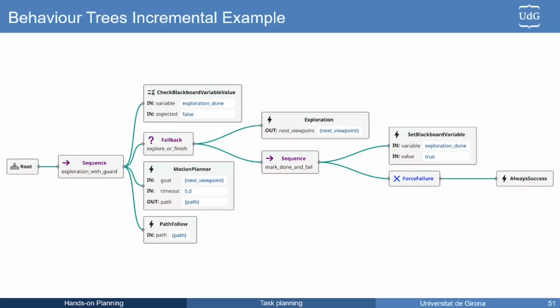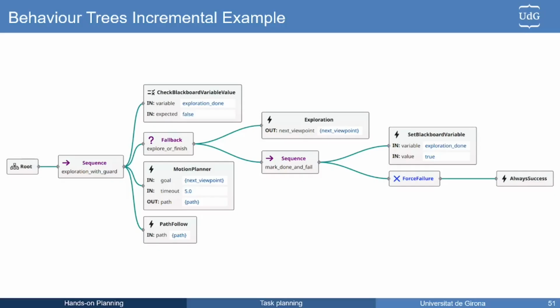Always failure. Then what this allows us to do is that if the exploration goes fine, if it just sets the next viewpoint here, this returns success, the fallback returns success, and then we execute the motion planner. However, if this fails, and only if this fails, we set in the Blackboard exploration done.